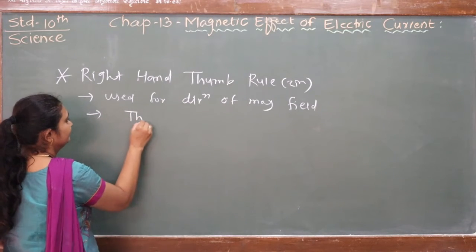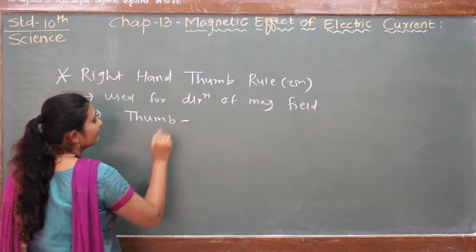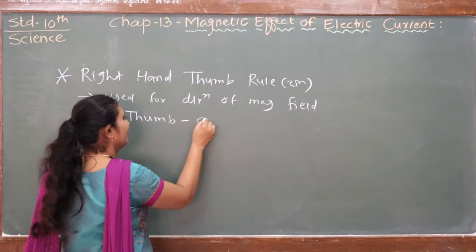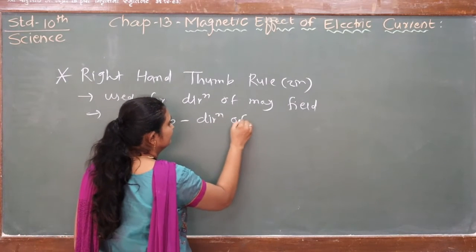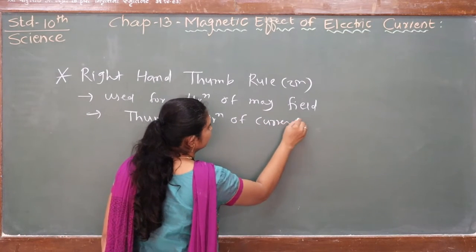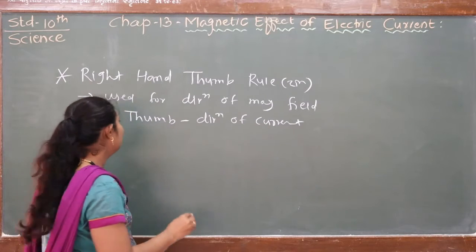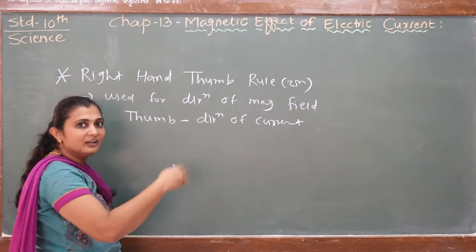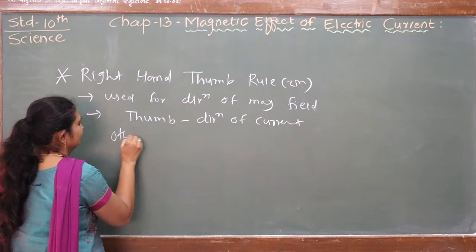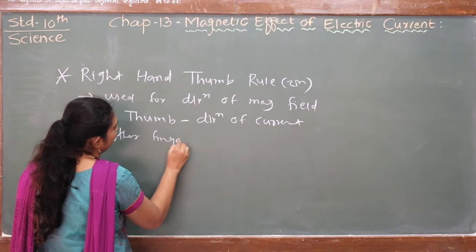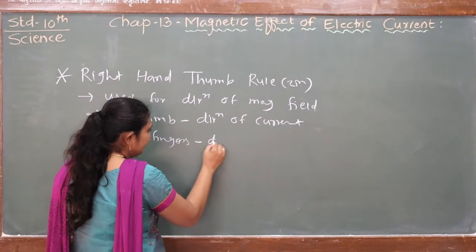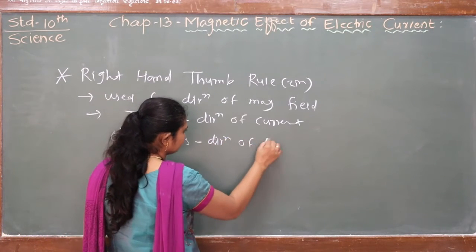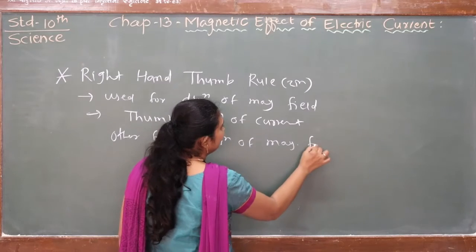Thumb denotes the direction of current, and the other fingers, the curved fingers, show the direction of magnetic field lines.